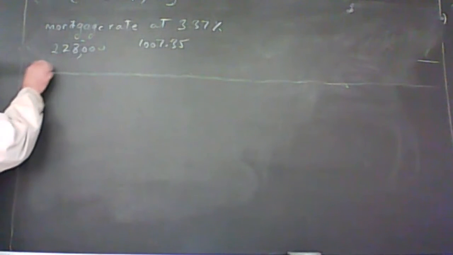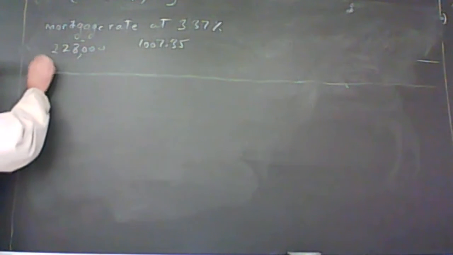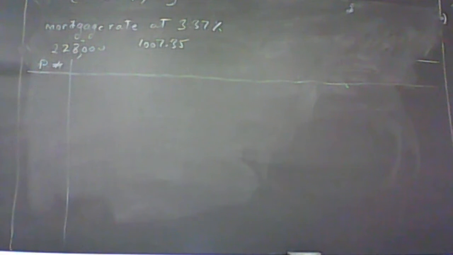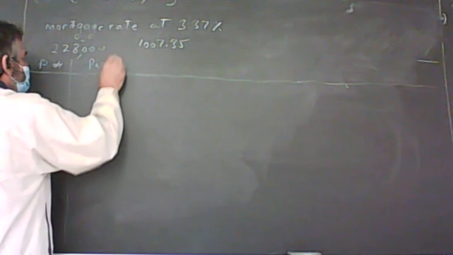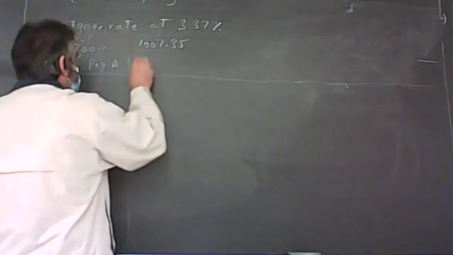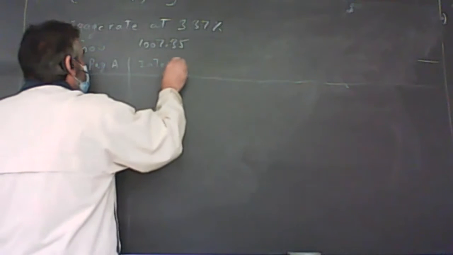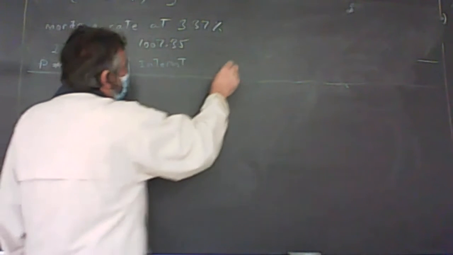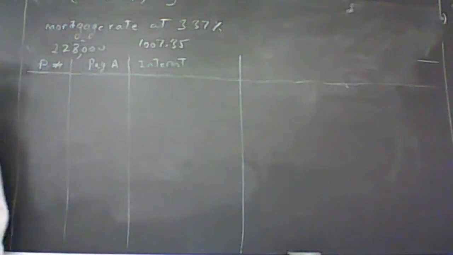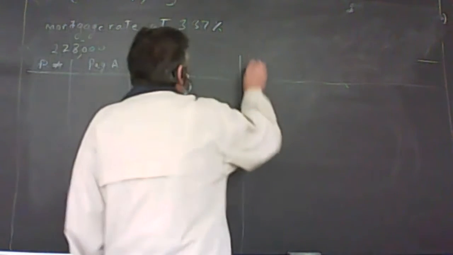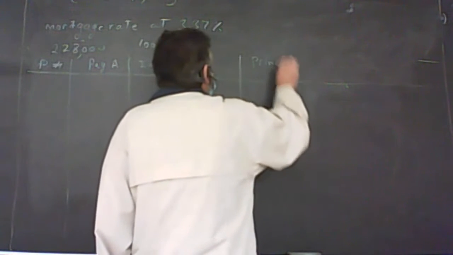First, this is the payment number. And here you have how much you paid, so the payment amount. Part of the payment is interest, and part of it is principal.